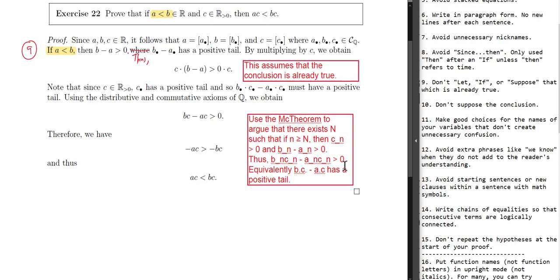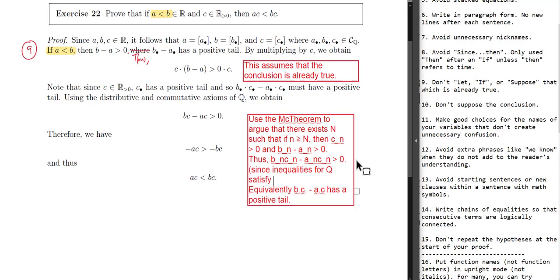Okay, and of course this line here, when we said thus, this is true. Of course, this is right, just since Q addition and multiplication satisfy the original property as well as distributivity.